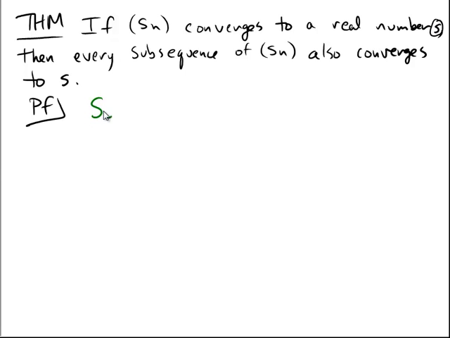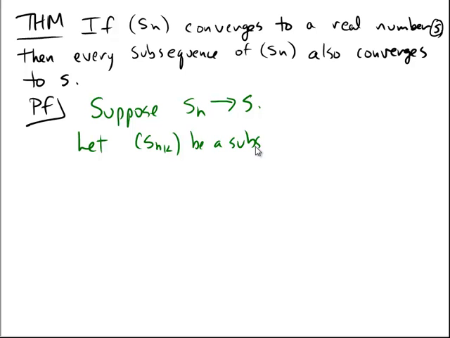So let's suppose that s sub n converges to s. Then, if we're trying to show that every subsequence also converges to s, this is a universal quantifier over subsequences. So let s sub n sub k be a subsequence of s sub n.